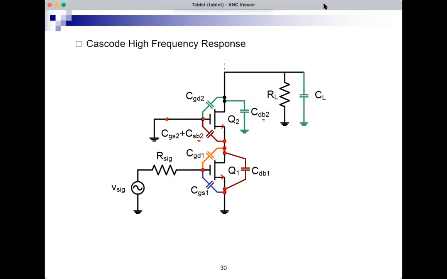There is this CGD2 between gate of Q2 and drain of Q2, and a CDB2 between drain of Q2 and body, which is at signal ground. So it appears between drain of Q2 and ground. So all the capacitors are shown.